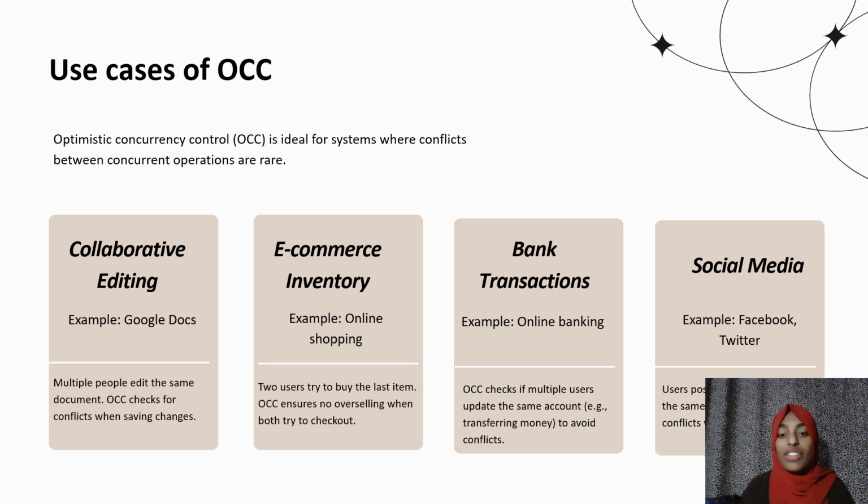In bank transactions, OCC checks if multiple users update the same account, for example when transferring money, to avoid any type of conflicts. And in social media, two or more people may be commenting or posting at the same time, and OCC resolves the conflicts. Mainly, OCC is used in different types of industries and sectors to avoid conflicts.